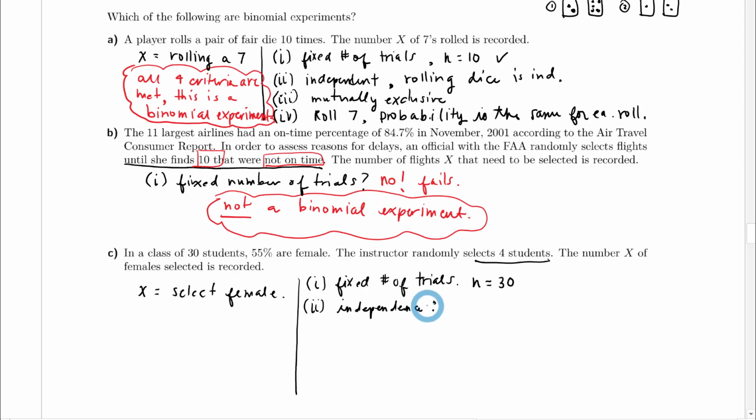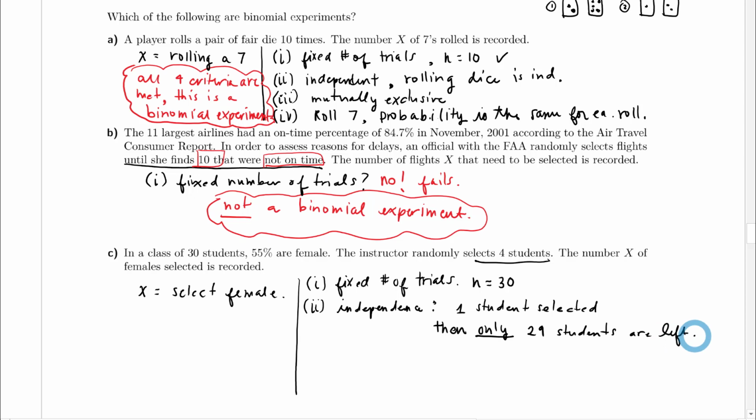So then we ask ourselves, well, okay, she selects one student. And when she selects the one student, then how many students are left to select from? Then only 29 students are left. Will this change that second probability?